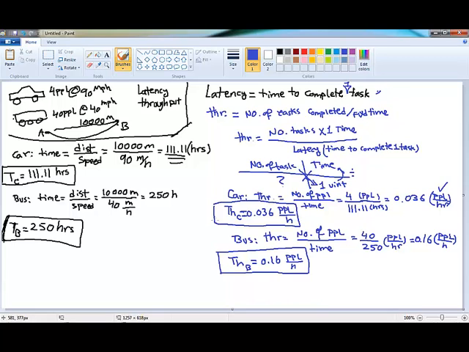Now, this is the big question. This is the big paradigm here that we are interested in answering. Should we go with the car or should we go with the bus?